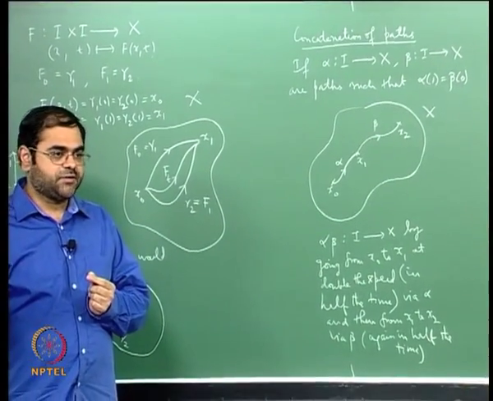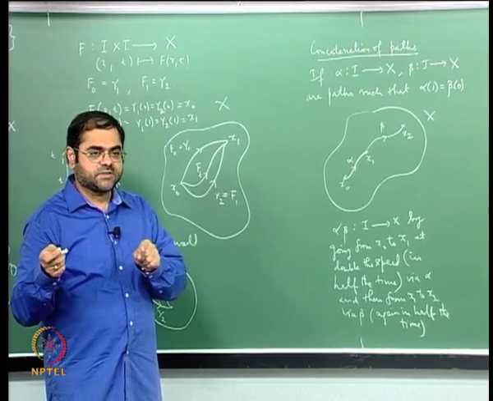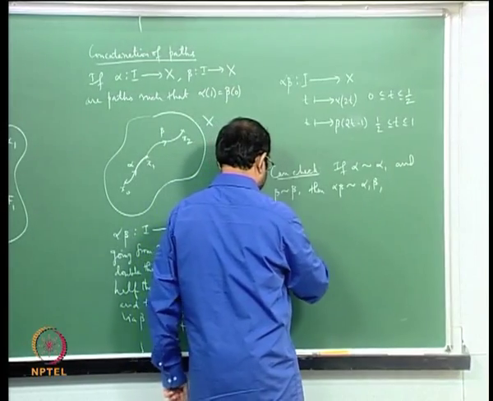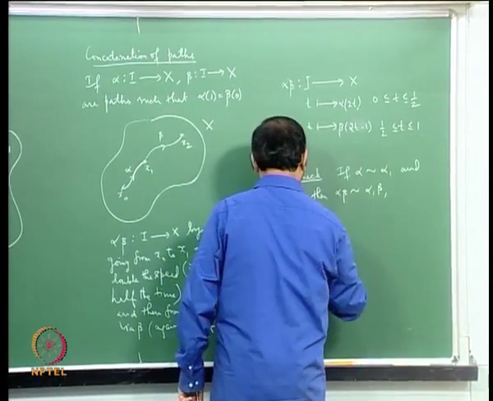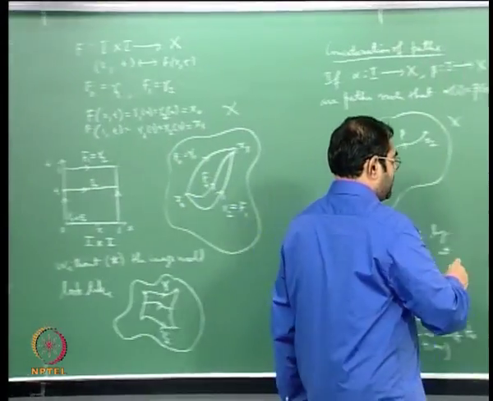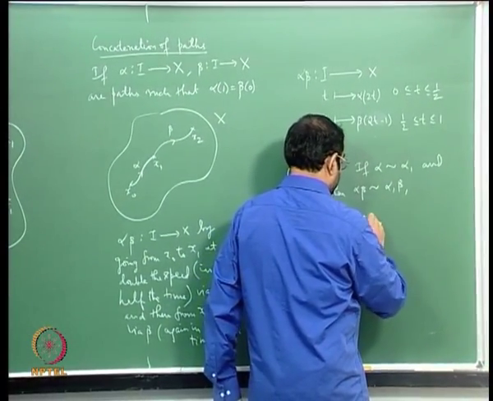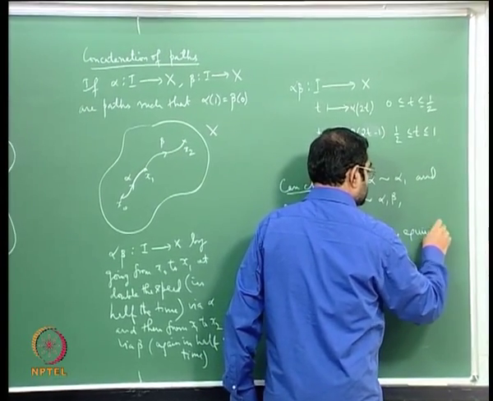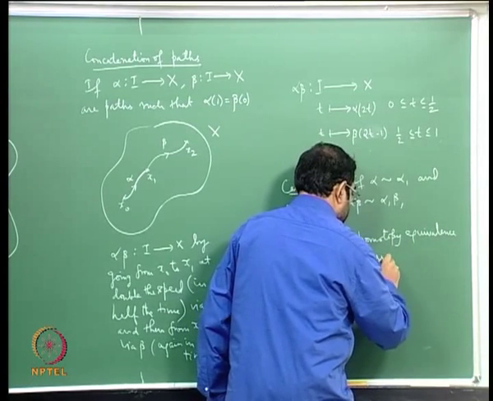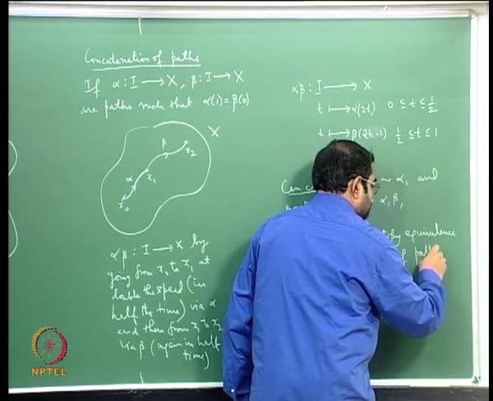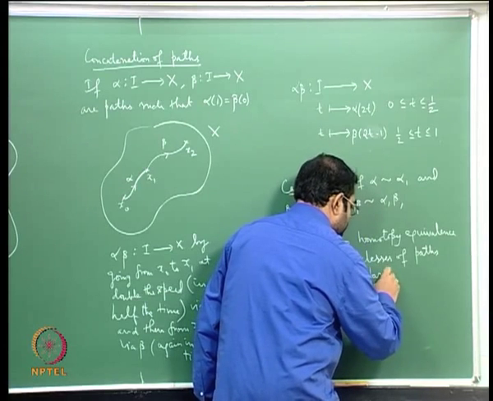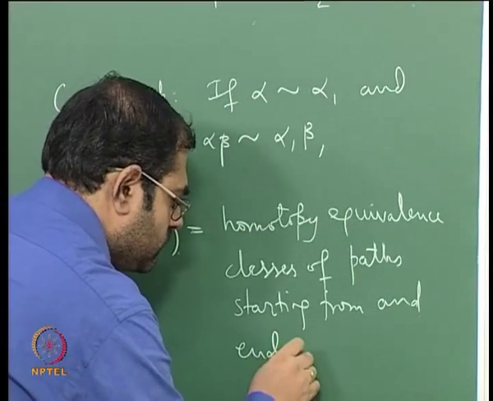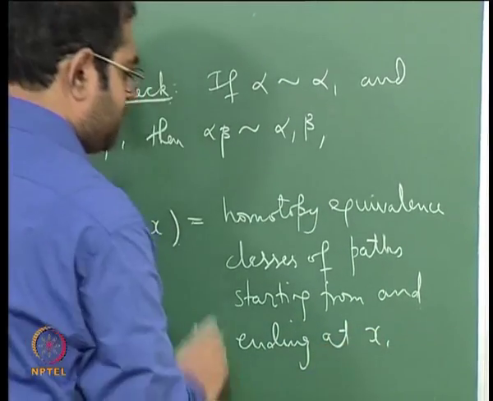So we put the condition that you have paths starting from a fixed point and ending at the same fixed point. So what you do is that you define pi 1 of x comma x to be the homotopy equivalence classes of paths starting from and ending at x, okay.